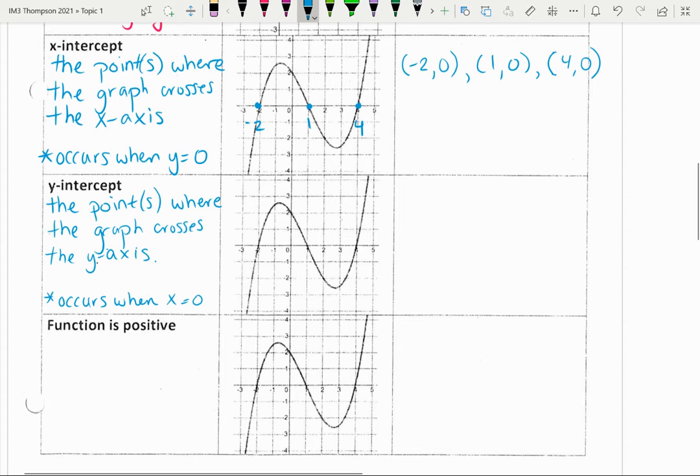Conversely, the y-intercept is the point or points where the graph crosses the y-axis. This occurs when x is 0. So I'm looking for the coordinate on the graph where it crosses the y-axis.